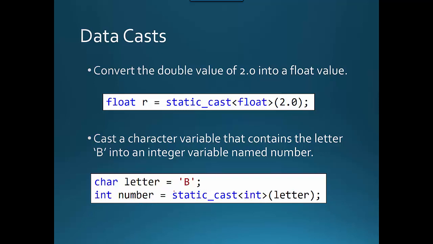So here we're taking this letter variable, which has B in it, and it will convert it to an int and store it in a number.